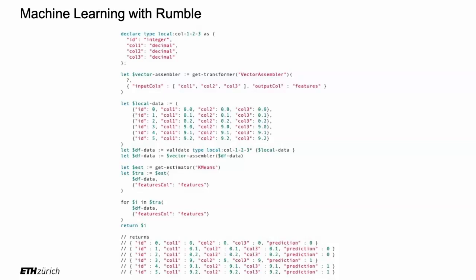Also a master's student, Jan, implemented machine learning inside RumbleDB. And here, the main idea was that I told you the items can be atomic items, object items, or array items, right? Then I said it can also be function items. And so the idea is to realize that machine learning models can just be put in the function items.